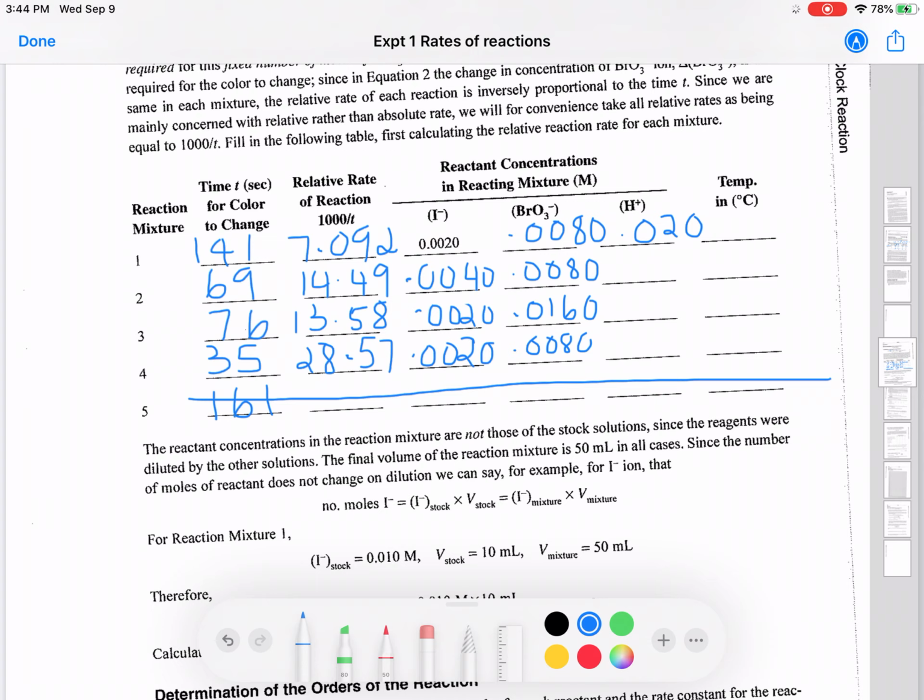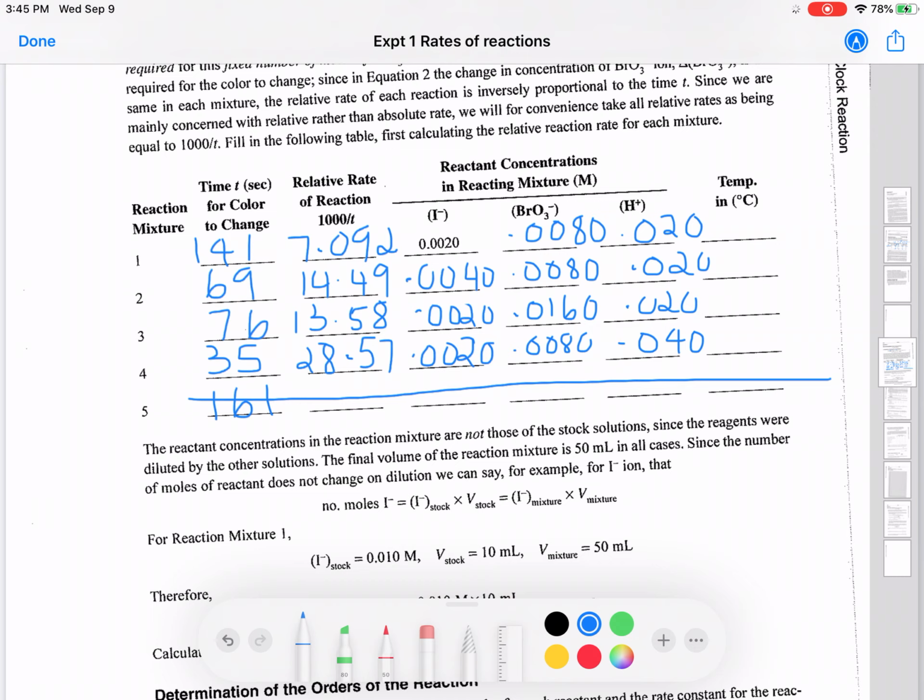Again, this is very easy calculation, but I want you to do it yourself. Do not depend on my work, because you need to learn. Okay, 0.02, and for the last one we double the hydrochloric acid concentration. It would be 0.04. And then the temperature measured for these reactions is also given, so you can refer to that data from the data sheet.